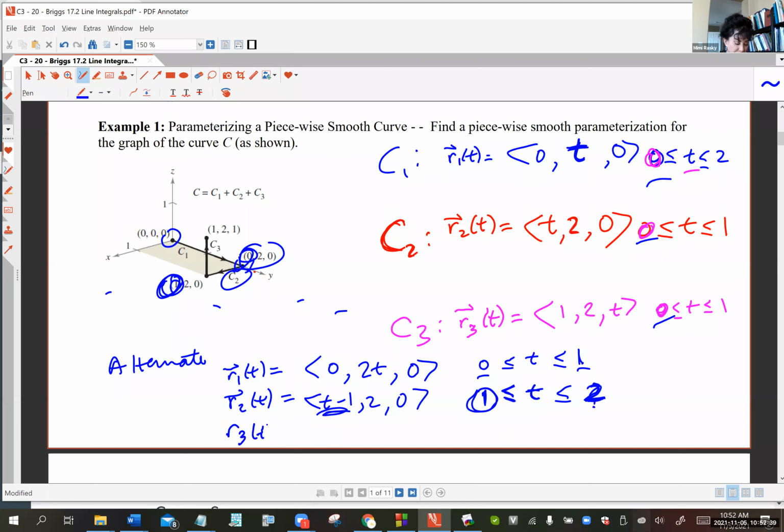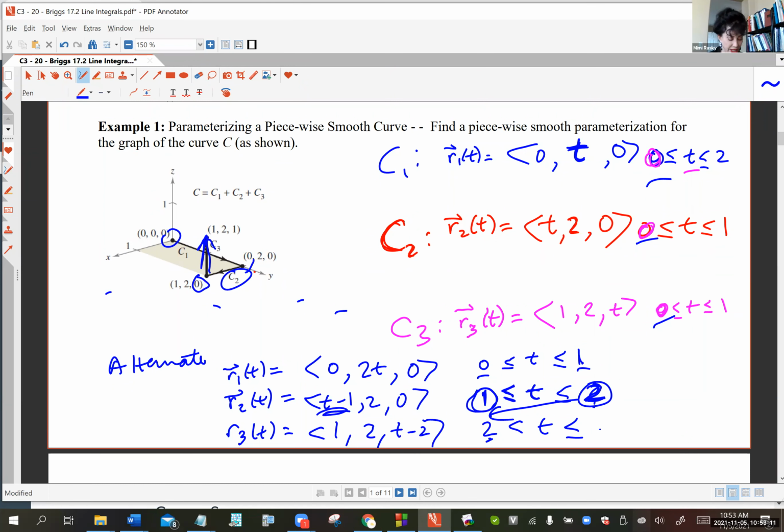And then finally, for the third leg of the journey, again, this one textbook wanted to start the time where we left off from the last leg. Okay. Well, since we're shooting straight up, and it looks like the x and y components were constant the whole way at 1 and 2 respectively, and then z is the one that's changing, and if we're starting at 2 seconds, how about t minus 2 be the z component, and if you plug in 2 seconds there, it will start at z equals 0, and then we'll finish at 3 seconds so that the z coordinate ends up being a 1.